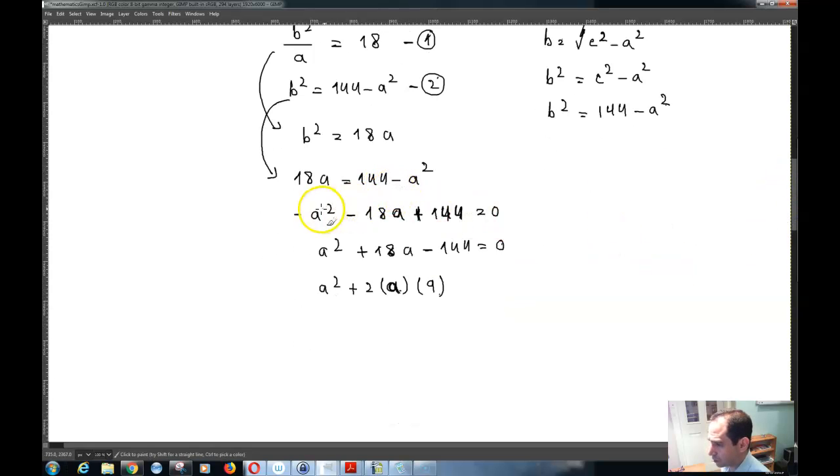And then what that means is that negative a squared, negative 18a plus 144 is equal to 0, or a squared plus 18a minus 144 is equal to 0. And that doesn't give me real roots.